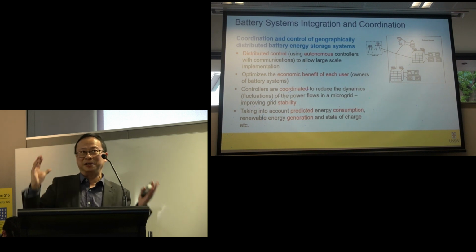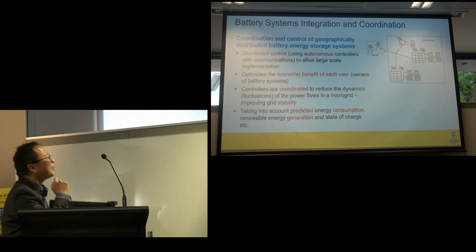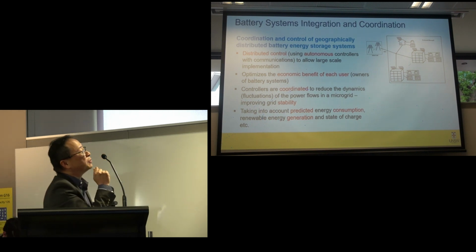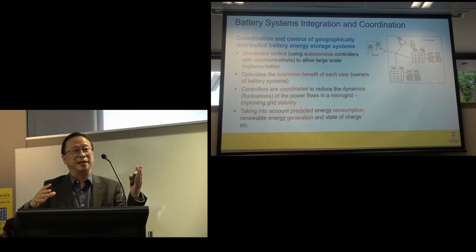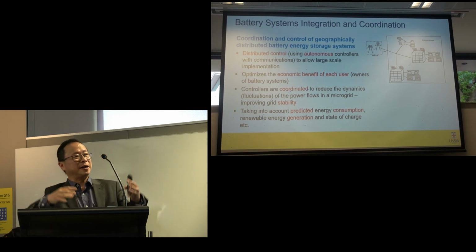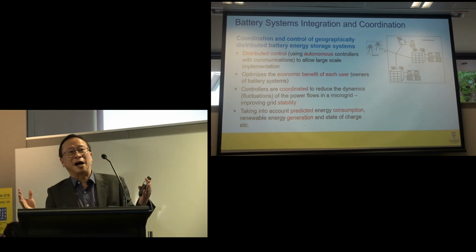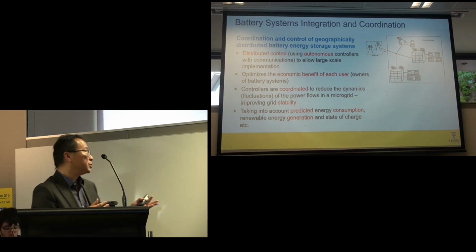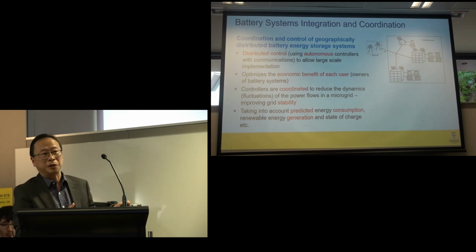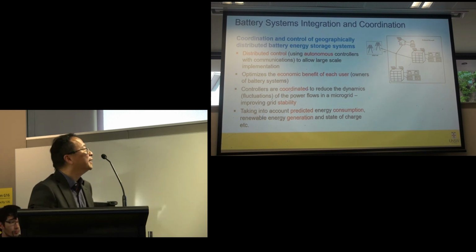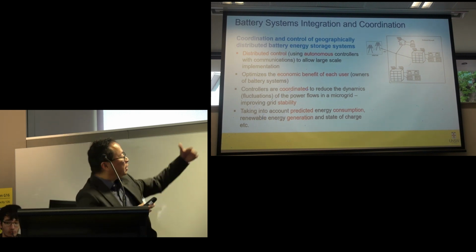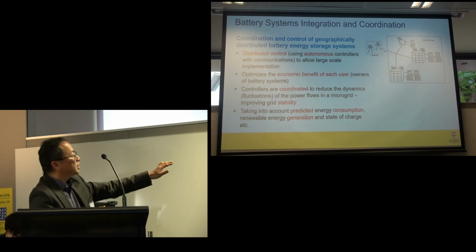We call it self-interest optimization. Now, if every battery is operating that way, it's like the stock market. If they do something like power arbitrage, it may lead to instability of the grid, particularly the microgrid. So we need to improve the stability of the grid.